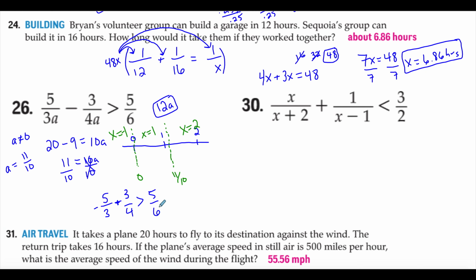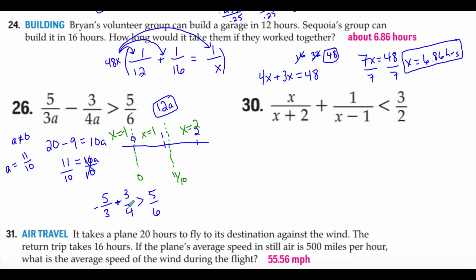When you're looking at this one, it might be handy to have a calculator on hand, because it might be more difficult to do these in your head. If you just do -5 over 3 plus 3 over 4, that gets you to a negative number, right? So this is 1 2/3.